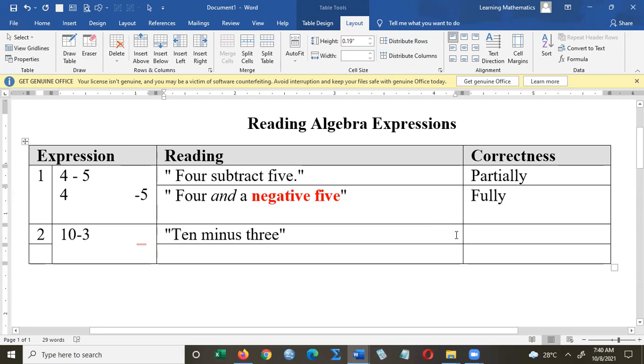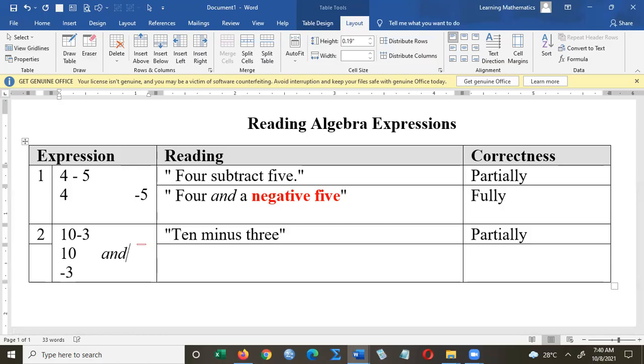So just saying 10 minus 3, you are partially correct, I think, in terms of reading. 10 and negative 3. So there is an implicit and happening there. And we all know the symbol in arithmetic for and.